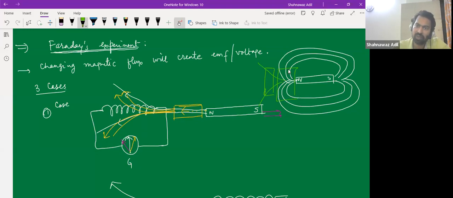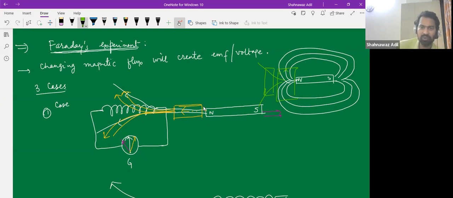Six, right? So when you move this magnet closer to this coil, you are changing the magnetic flux through this region, right? And this Faraday experiment showed that whenever we change magnetic flux, it will create EMF, so some voltage will flow, and due to that voltage, some current will be produced. Is this part clear? Yes, sir.